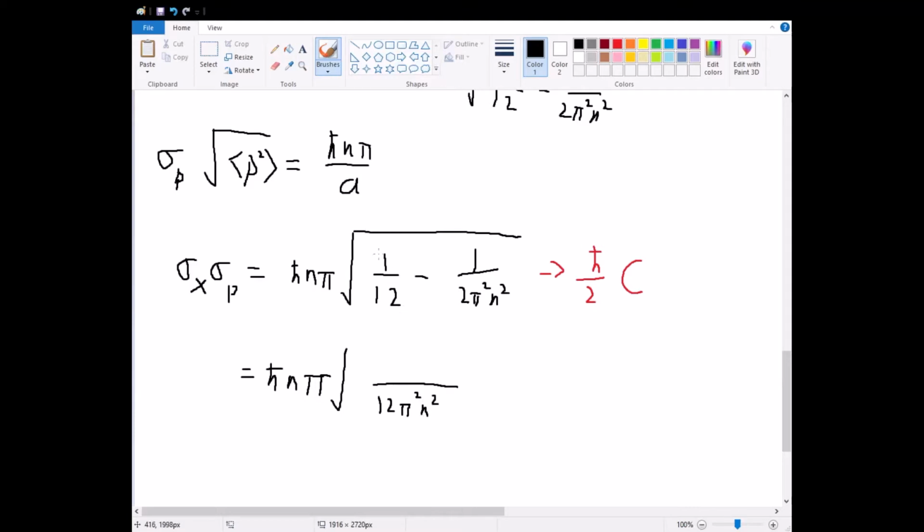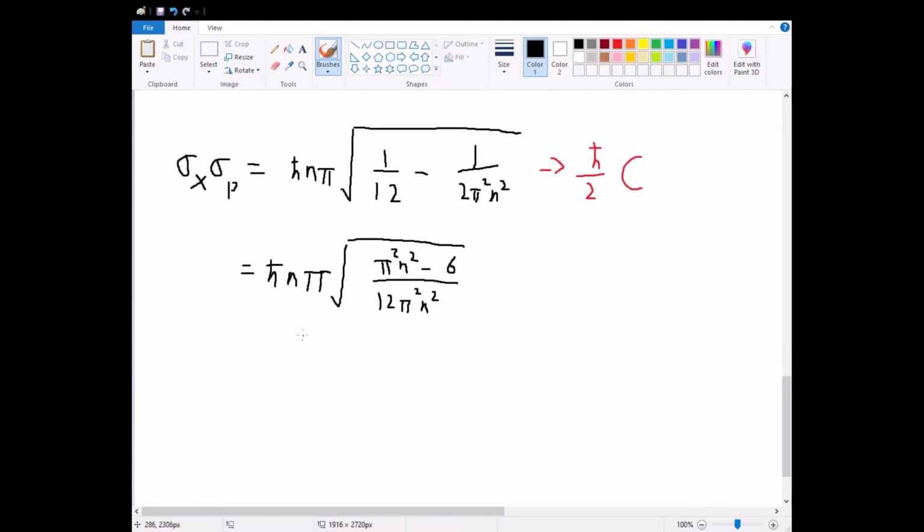And then from here, at the top, we multiply by pi squared n squared, subtracted by, and we're multiplying by 6 on the other side. And from here, hopefully you see we can take the pi squared n squared out of the denominator and cancel it with the n pi over here.